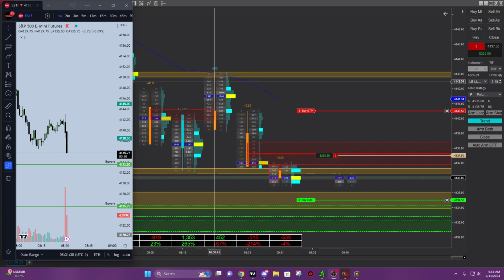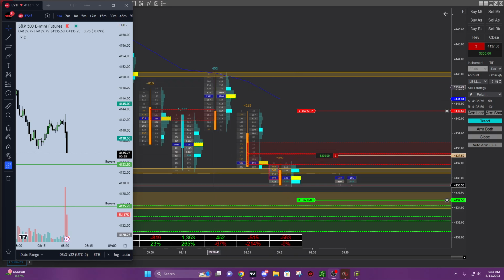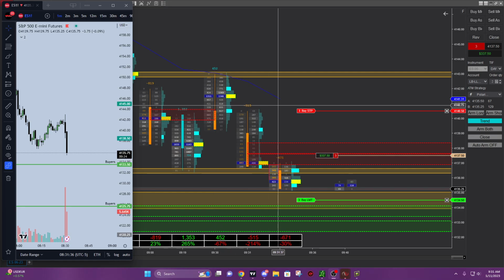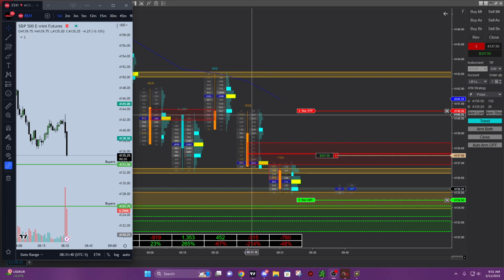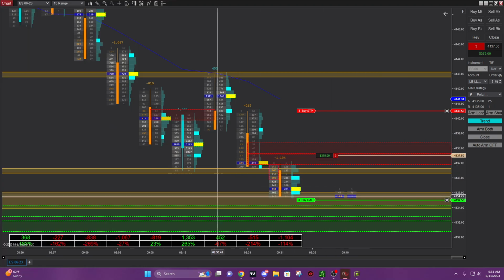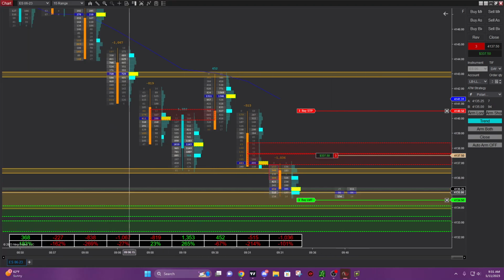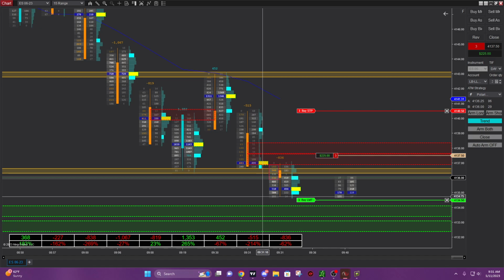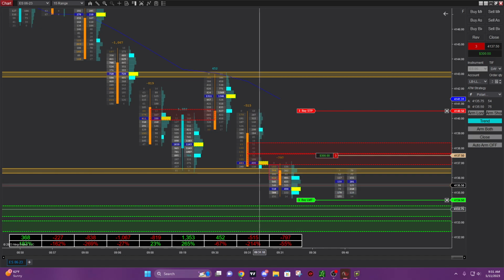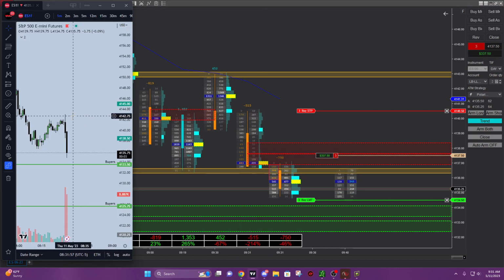And this candle, the first candle of market open, was a price delta divergence. But going off the data we had from pre-market, and this is an old absorption zone here, I'm going to try to delete. There we go.